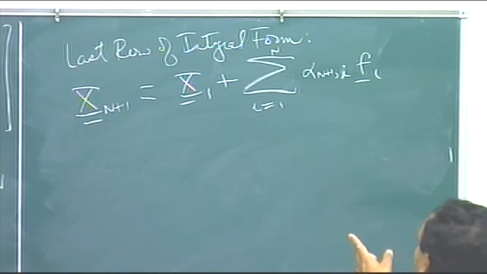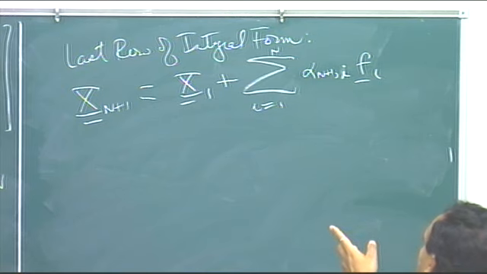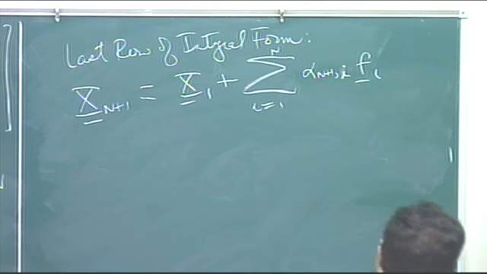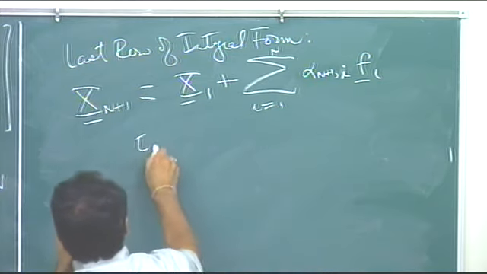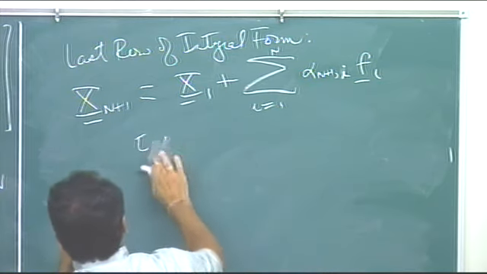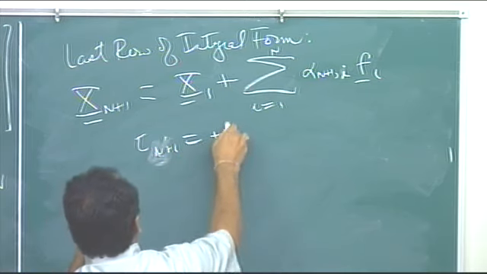In the last row, you've got the value of the state at the final point is equal to the value of the state at the first point plus a summation that goes from 1 to n, and it includes a bunch of weights. But remember that the last point, tau n plus 1, is actually equal to plus 1, right?